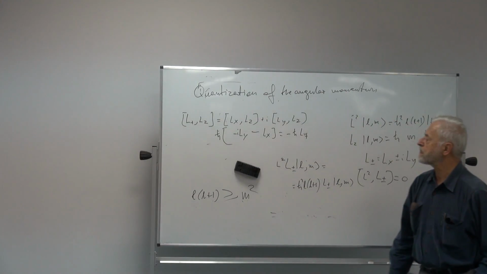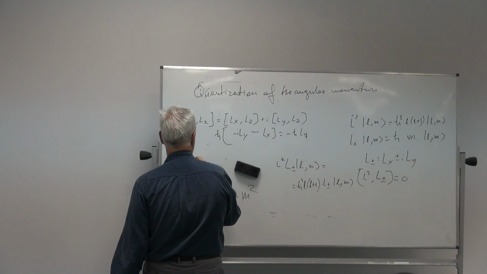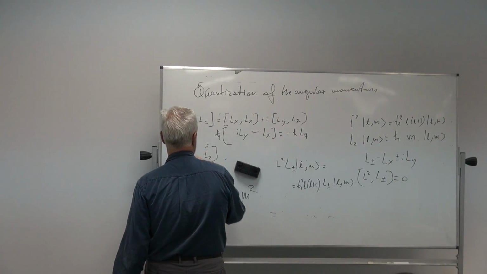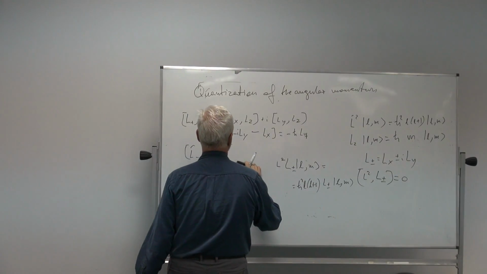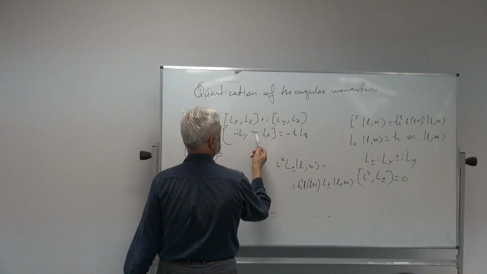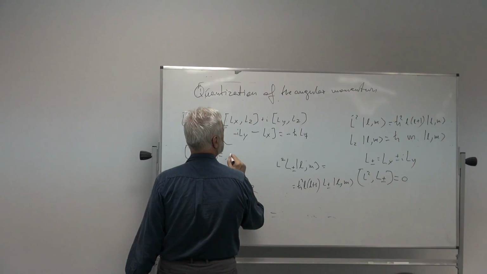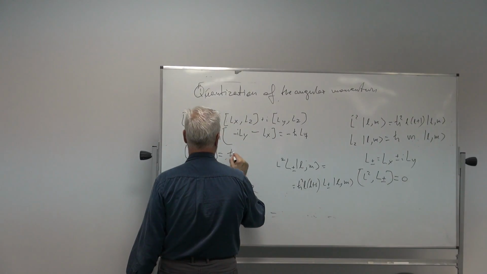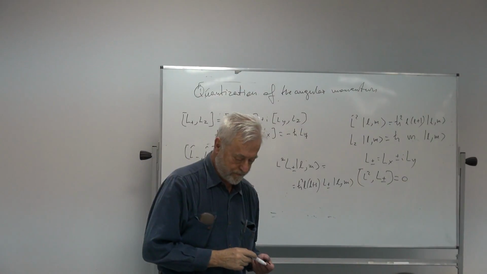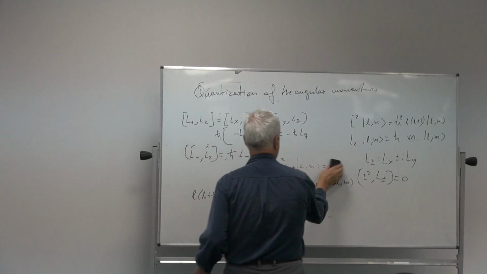Similarly, L minus with Lz is what? Oh, very similar, except that there's a change of sign here. So it is plus h bar times L minus. You agree? I think it is correct. Good.